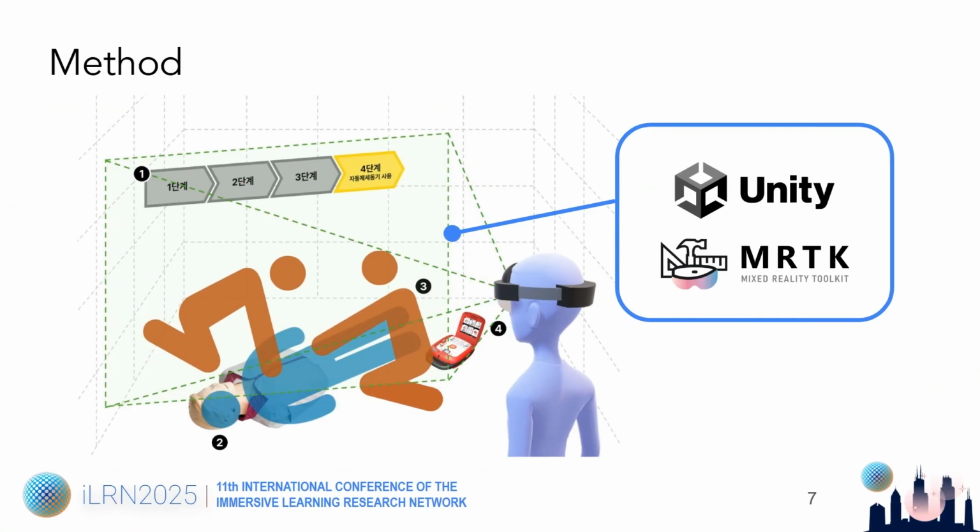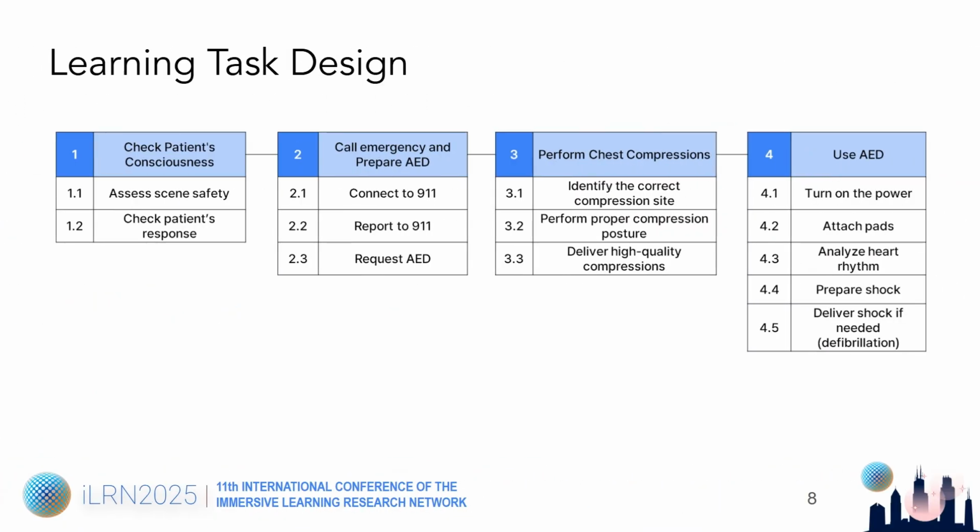In this study, the simulation was developed using Unity and MRTK for Microsoft HoloLens 2. It integrates digital procedural information with physical interactions using a CPR mannequin, creating a mixed reality learning environment. The simulation followed a four-step BLS protocol.